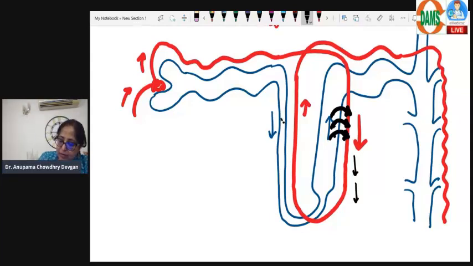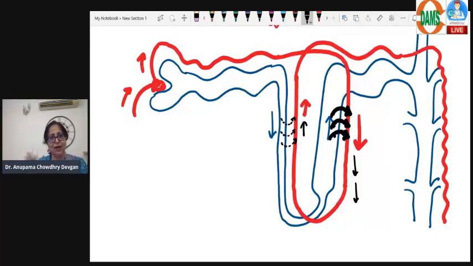Water which is absorbed from the descending thin segment enters into the ascending limb of Vasa recta. And what is the direction of movement of blood in the ascending limb? Away from the medulla into the cortex. Right? So keep this in mind. Solutes are moving towards the medulla, and water is moving away from the medulla towards the cortex.